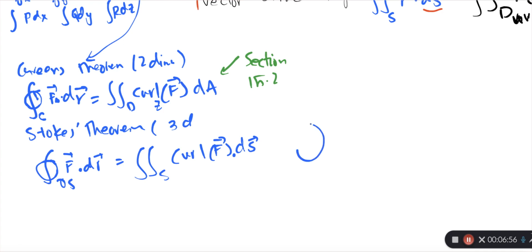So the boundary of S. And there's one little catch in here: the direction of going around the surface should follow the orientation of the surface by a right hand rule. So you need a right hand rule.